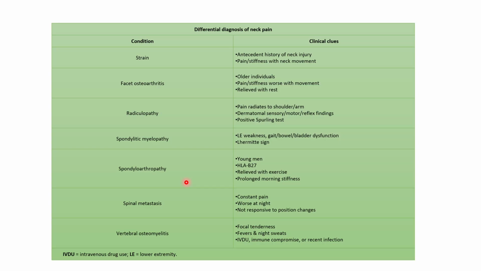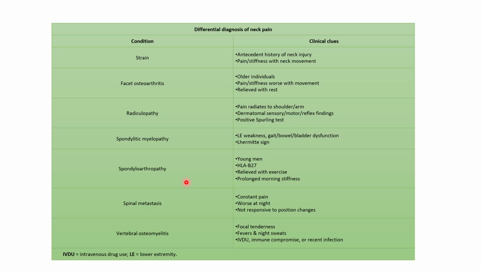In spondyloarthropathy, think about HLA-B27 positive, history of prolonged morning stiffness, relief with exercise. And in spinal metastasis, constant pain, worse at night, not responsive to position change.